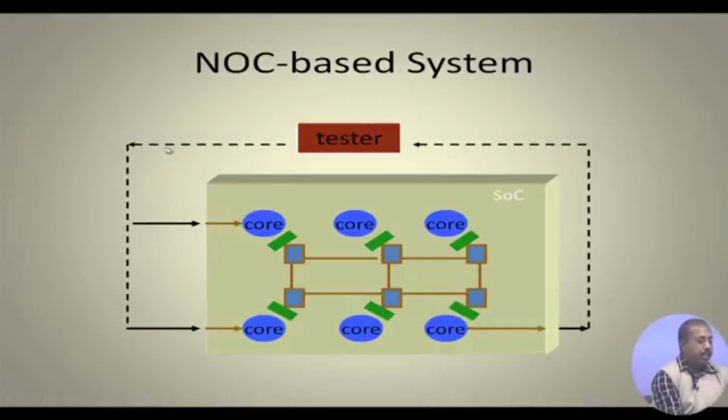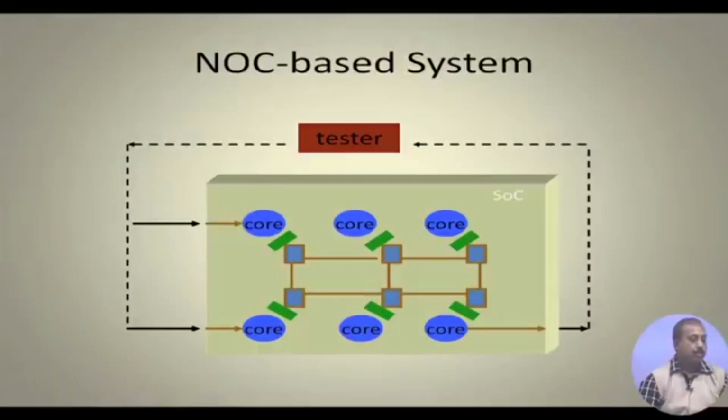Now, from the tester, as I was telling, there may be multiple channels. Say the tester may decide that it will feed test patterns via two cores. So, this one and this one, maybe these cores are equipped with some special feature by which they can accept input from the tester. Basically, the cores which have got interface to the system pins are dedicated for this purpose, because through that we can access individual cores, and they can be put in some sort of bypass mode, so that these test patterns that are transferred will be given to the NI to be transmitted to the destination.